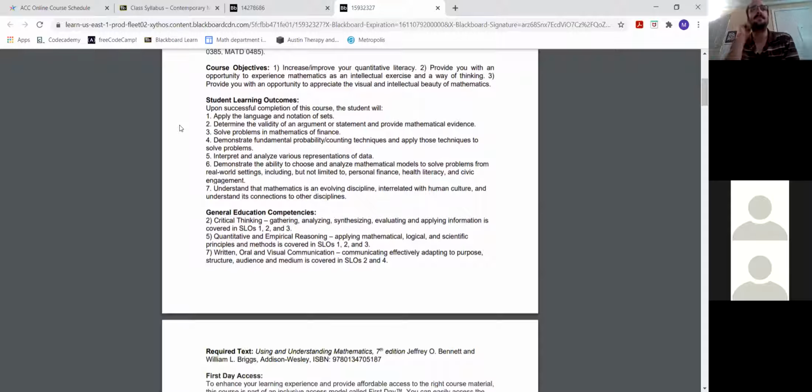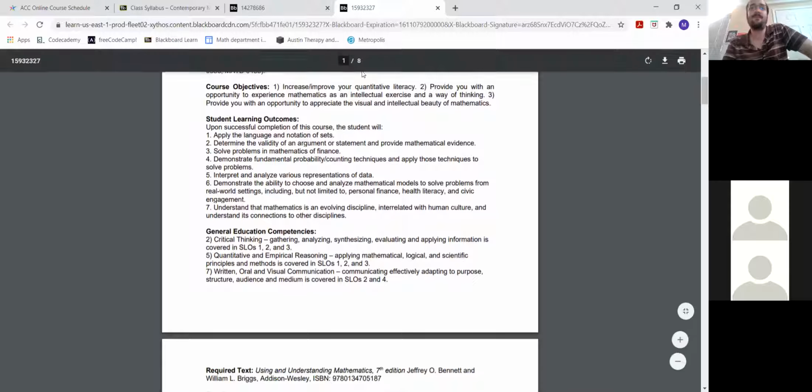Of course, objectives. So my objectives in here, or your objectives, are to increase and improve your quantitative literacy, provide you with an opportunity to experience mathematics as an intellectual exercise and a way of thinking, and provide you with an opportunity to appreciate the visual and intellectual beauty of mathematics. So we want to have a better understanding of the world around us, right?